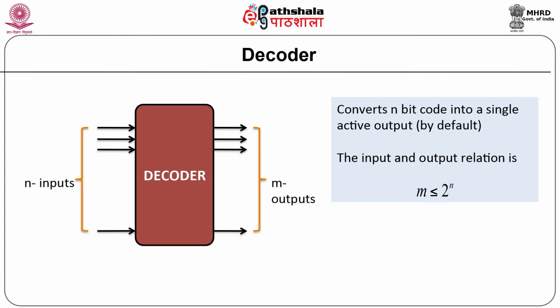A decoder converts an n-bit code to a single active output. The information present in one code is obtained back into the desired code. In general, a decoder is a circuit which converts a specific code into a more general form of the code.